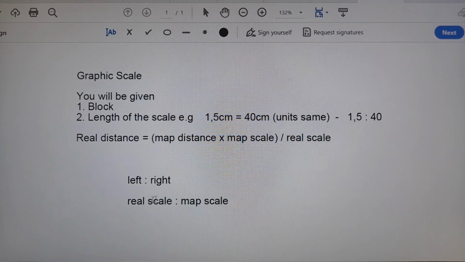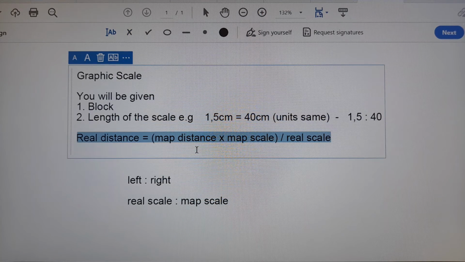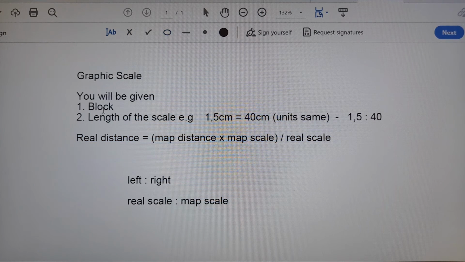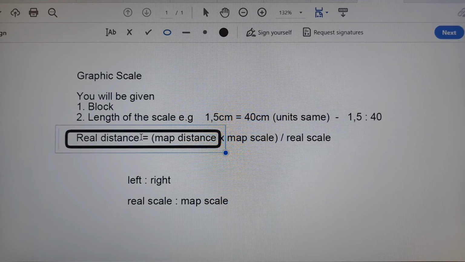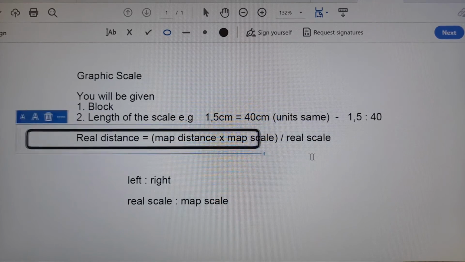So once you know what is on the left, it is the real scale. What is on the right, it is the map scale. So in this case, this is the formula that we use to calculate the real distance.